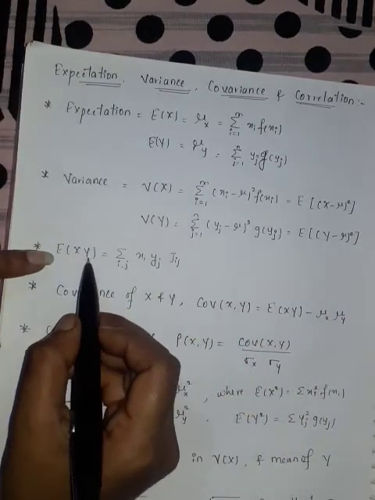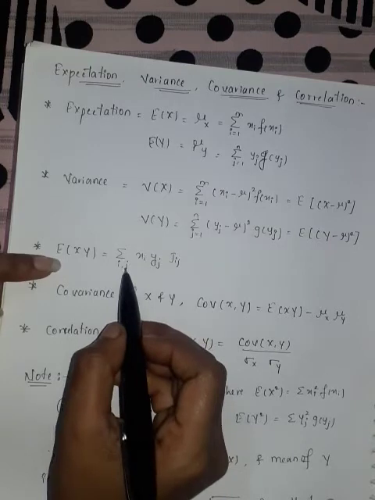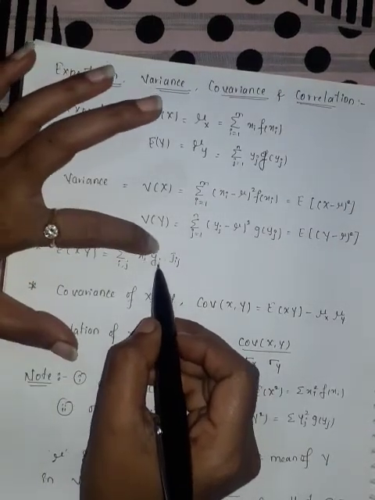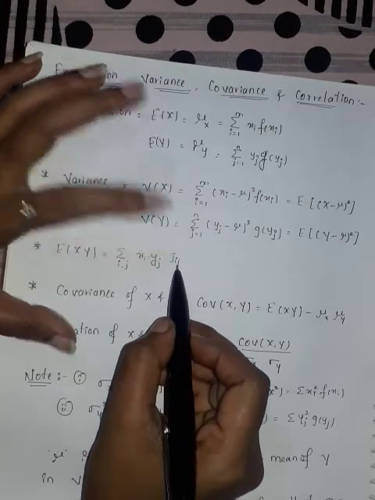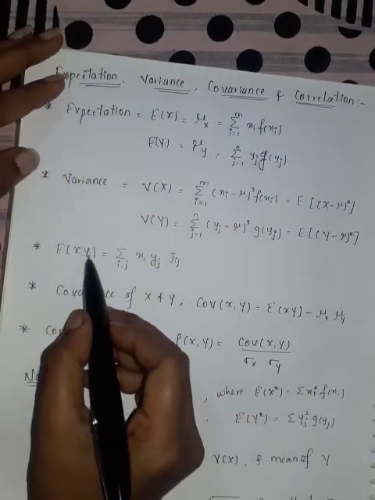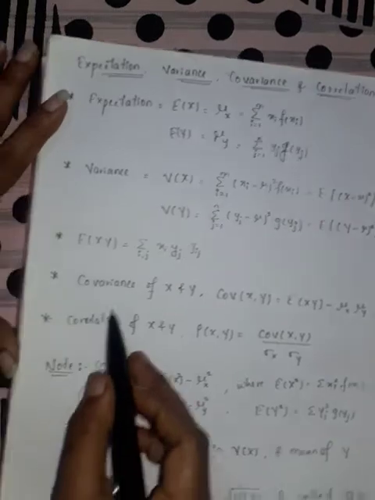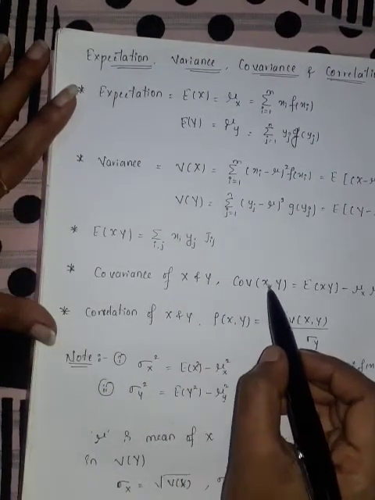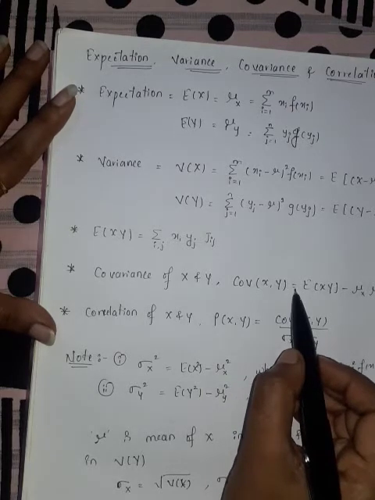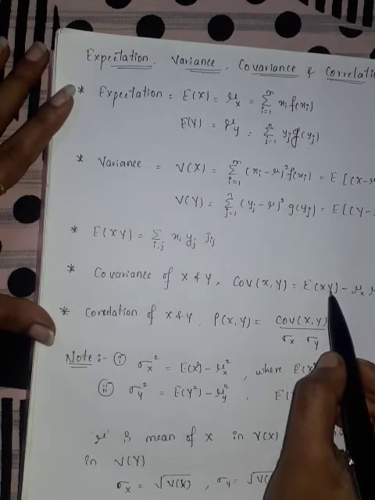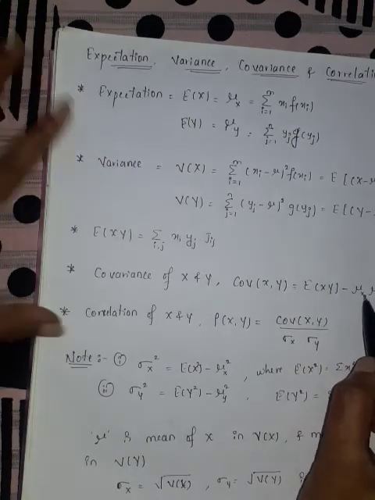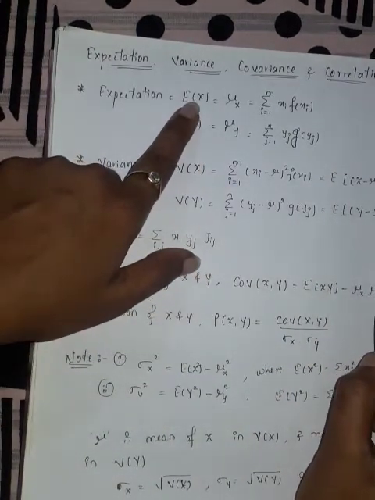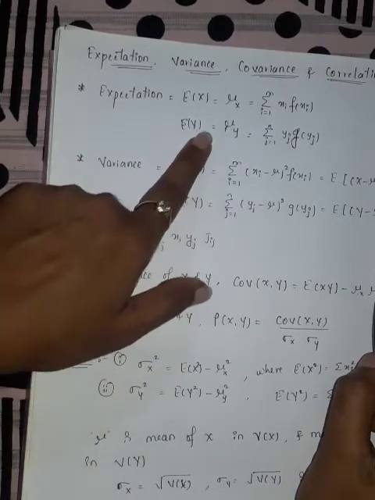Expectation of x into y is given as summation over i, j of xi into yj into fij. Next, covariance of x and y is written as covariance of x comma y, which is given as expectation of x into y minus mu x into mu y, that is expectation of x into expectation of y.